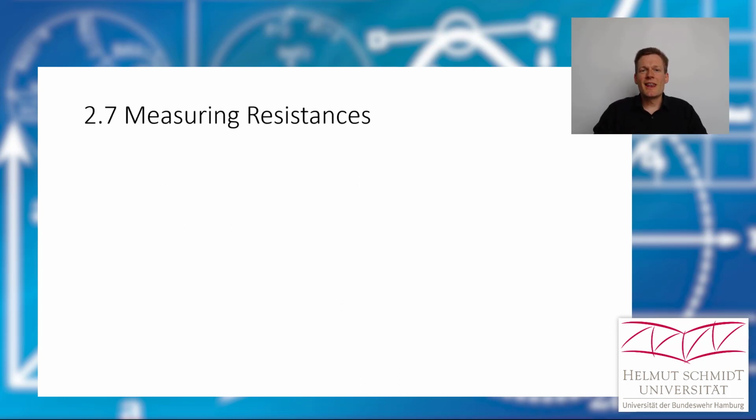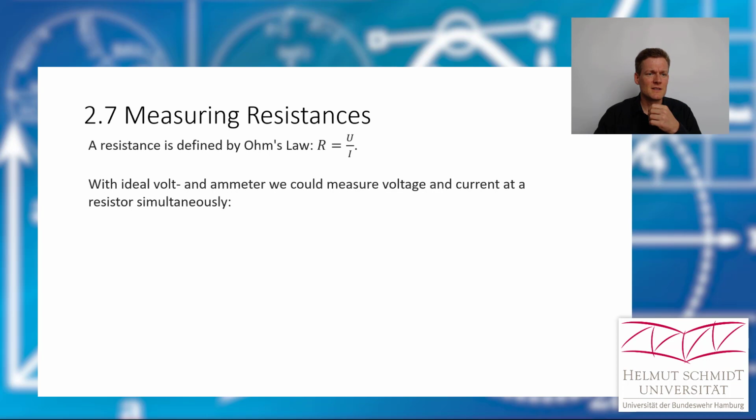Okay, so let's talk about how we could use these instruments. For example, let's discuss how we could measure values of resistors. You know, at a resistor, Ohm's law is valid. That means if we know the voltage drop at a resistor and the current flowing through it, we could calculate its value.